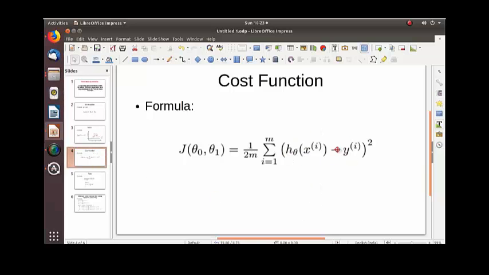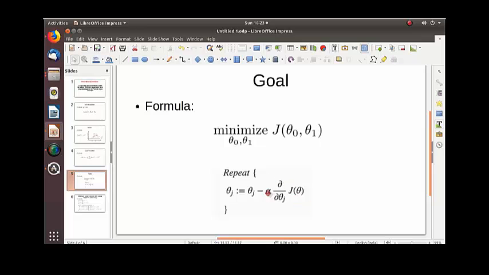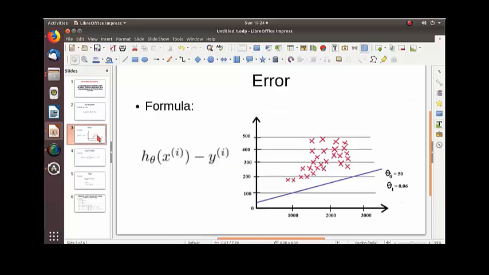To minimize the error, we need to find the derivative of the cost function, multiply it with alpha, and subtract it from the initial values of theta. These are our initial values of theta.